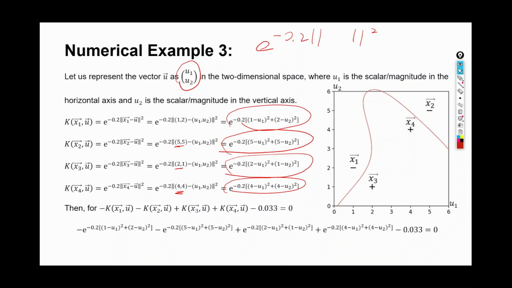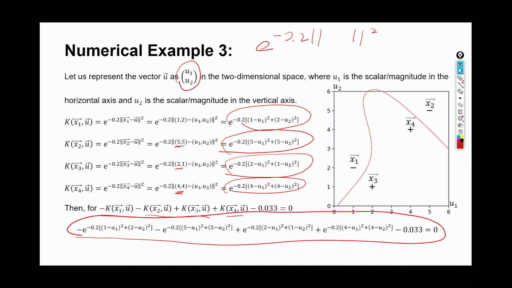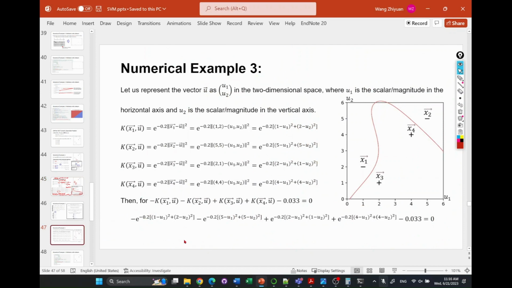Now we just express the negative k x1 u, negative k x2 u, k x3 u, k x4 u by using this. This looks pretty long, but we can draw it, because these are just an equation. I have the LaTeX form of this equation over here.